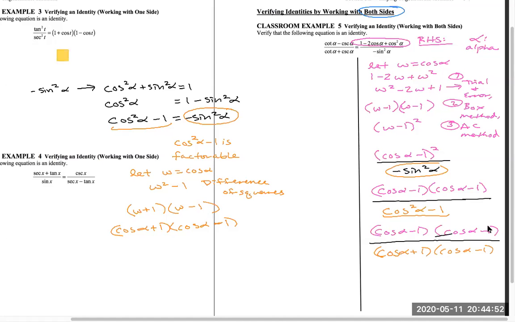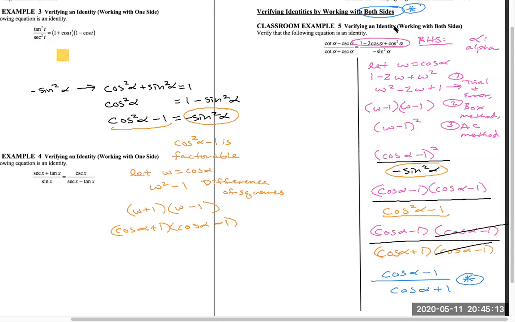We see one of these will cancel. And then this is the form cosine alpha minus 1 over cosine alpha plus 1 that we're going to try to match. So let me call this star.